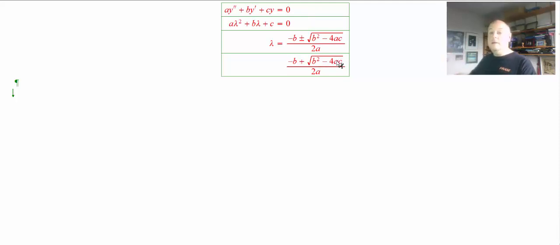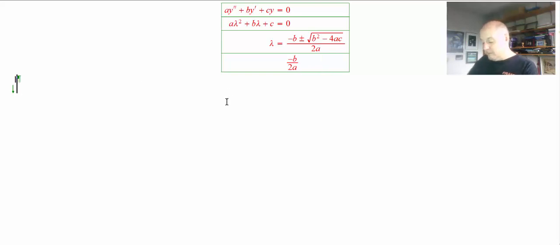Last case to consider is if I get complex conjugate eigenvalues. If I get complex conjugate eigenvalues, I'm only concerned with the real part of the eigenvalue. Well, the real part of the eigenvalue is that, because that's what the i will be multiplied by. So then the real part of the eigenvalue is also negative. I guess we're done. What have we said?